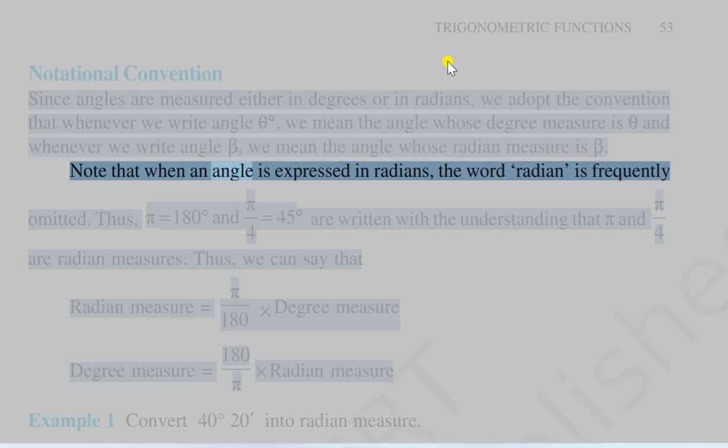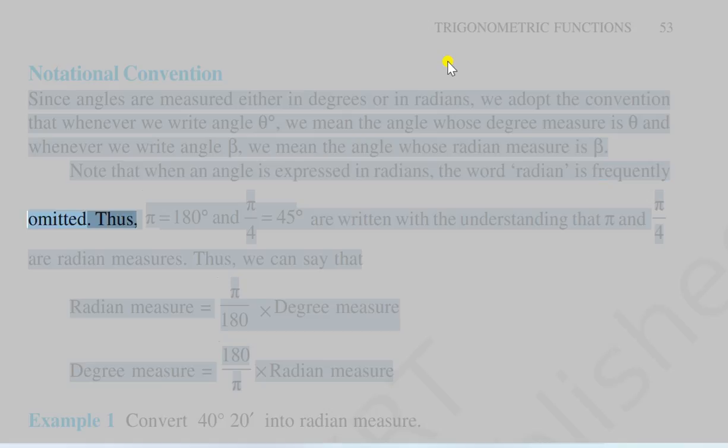Note that when an angle is expressed in radians, the word radian is frequently omitted. Thus, pi/180 and pi/4 are written with the understanding that pi/180 and pi/4 are radian measures.